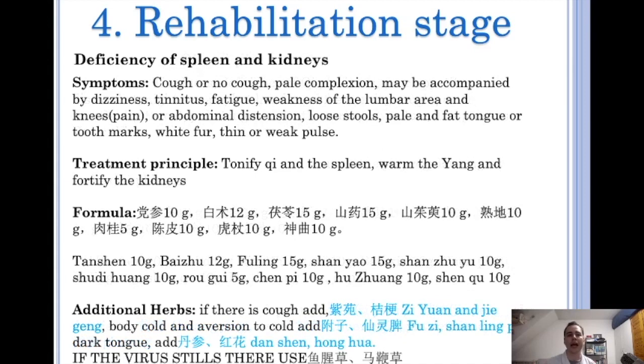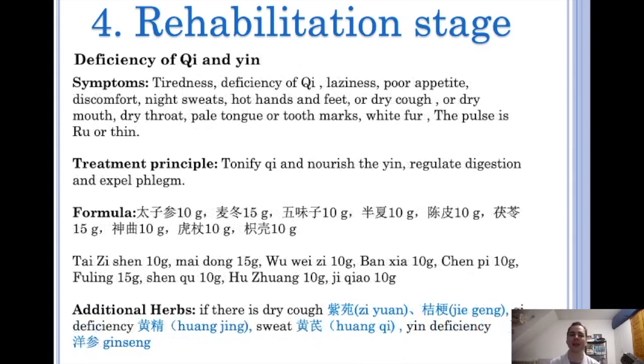And the other one is a deficiency of spleen and kidneys, okay. In this case it's all the typical syndromes of deficiency of qi, okay, so you feel weak, you don't want to eat, you feel discomfort, you sweat at night, okay, hot hands, okay, really common symptoms of deficiency of qi and yin, and then the pulse is going to be raw or thin, okay.